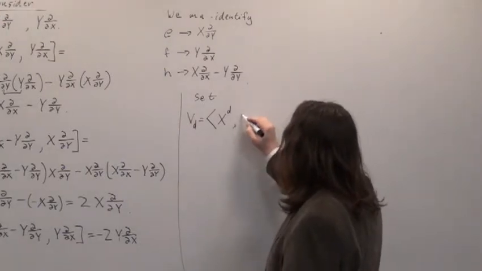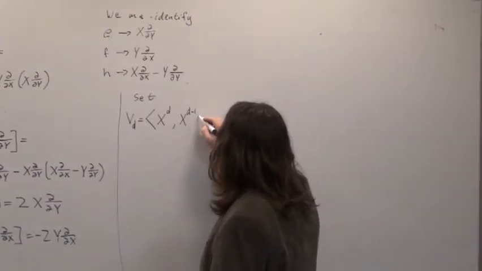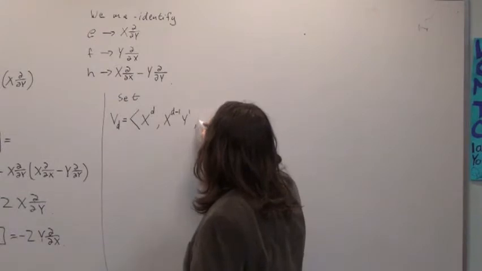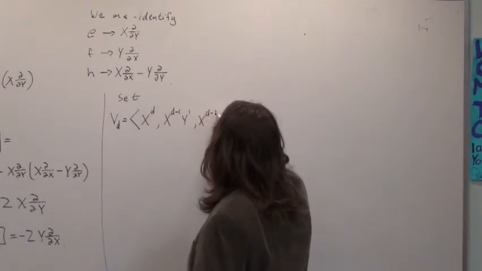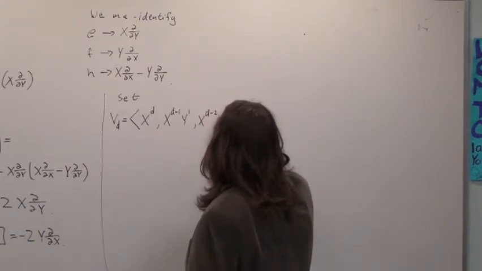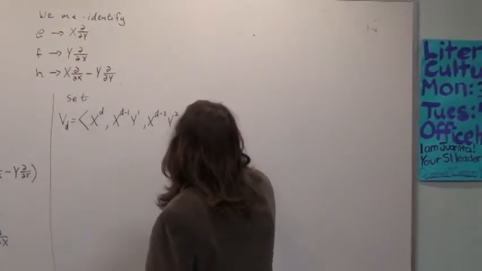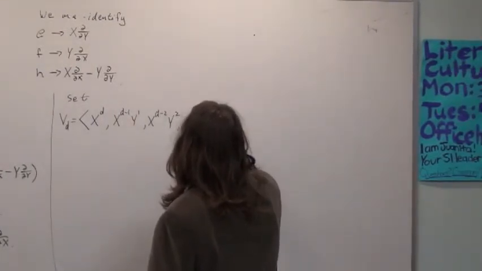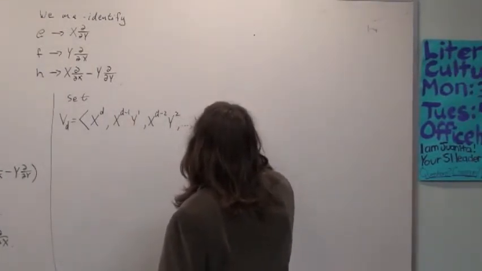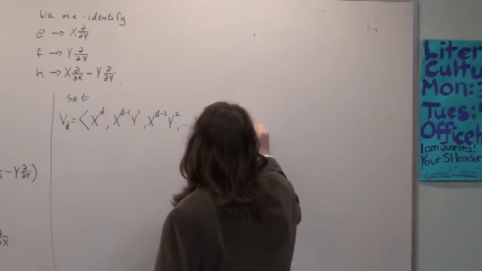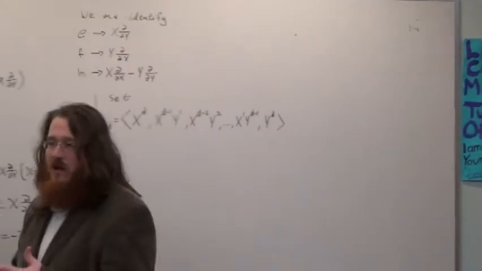So it's x^d, x^(d-1) times y to the first, x^(d-2) times y squared, all the way down to x to the first, y^(d-1), y^d. And I can consider all possible.